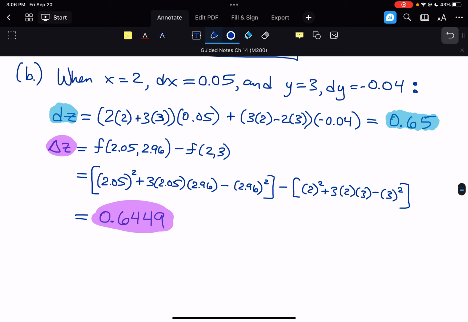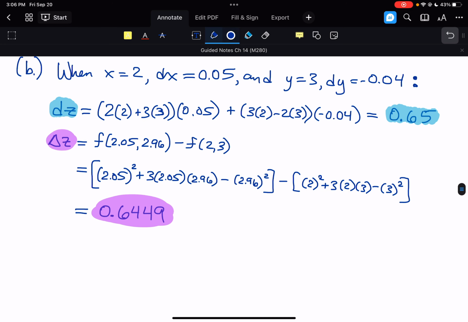So again, we're not saying that they're equal, but we're saying that in certain contexts, this could be just as useful as this, okay, or close enough to the actual value that we can go ahead and use this value instead. But this one is significantly easier to calculate.